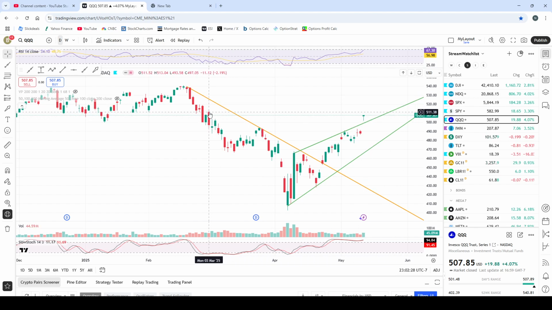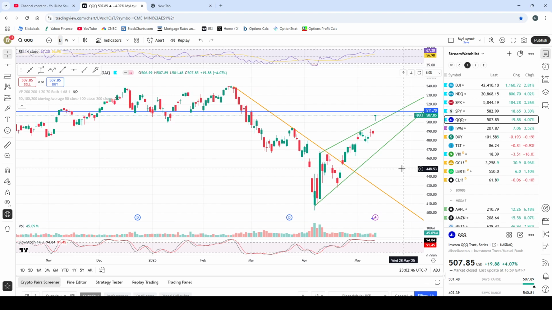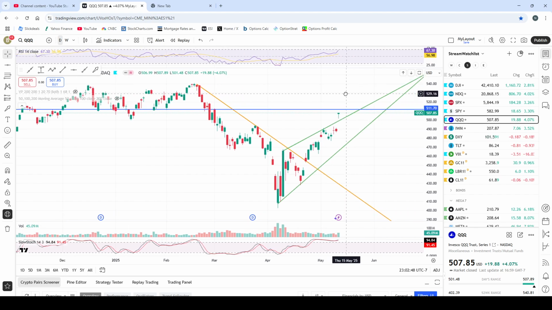So look back, and the next one is this high of this candle. So I will mark 512 as the resistance based on the previous high.